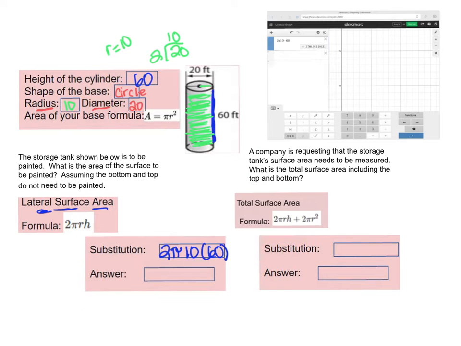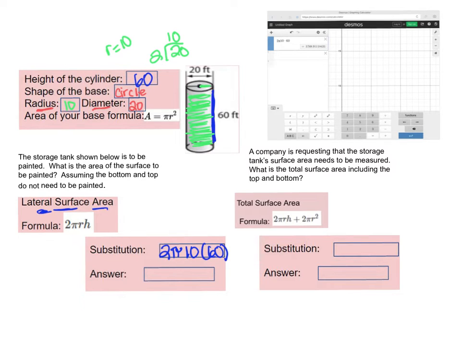So there we have an answer, and I got a really big long number. I don't have anything that says that I need to round, but I'm going to round to the nearest tenths.